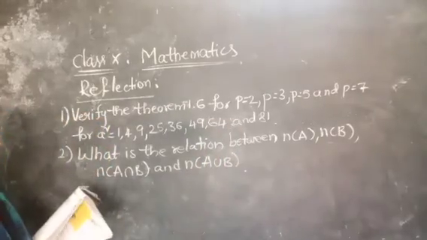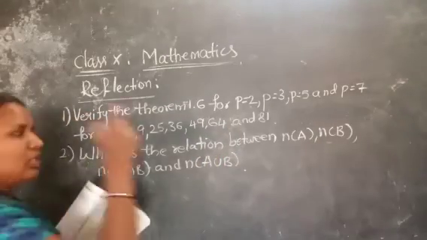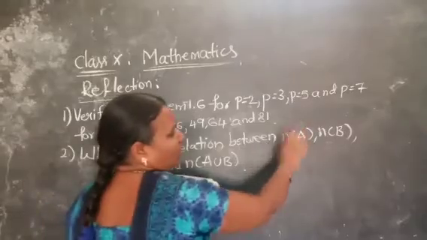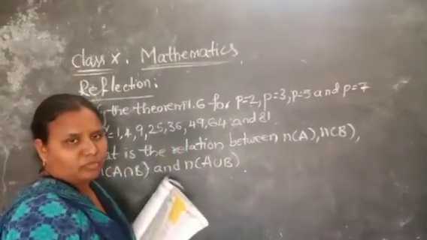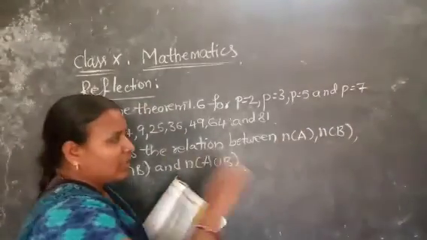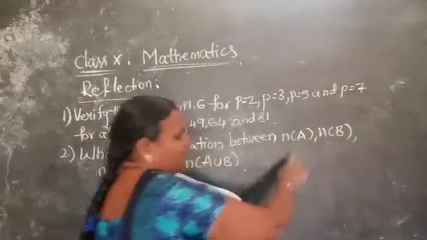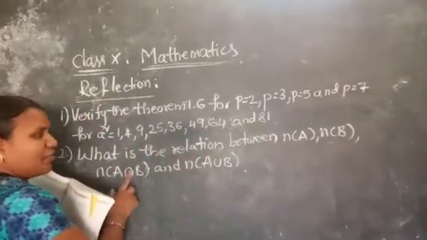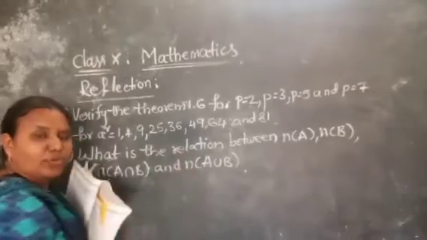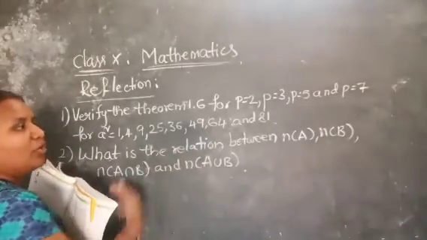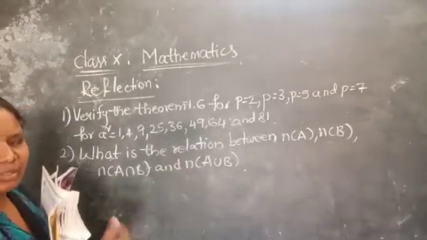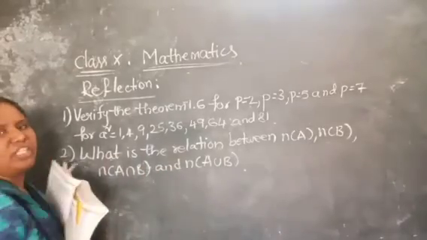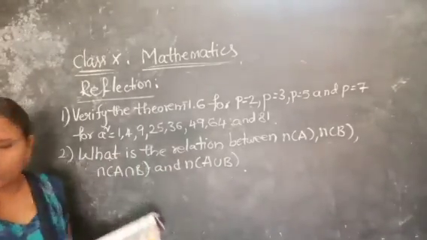First write two sets. Write n of A, n of B, and find n of A intersection B and n of A union B also. What do you observe? What is the relation between these? That you have to write here.